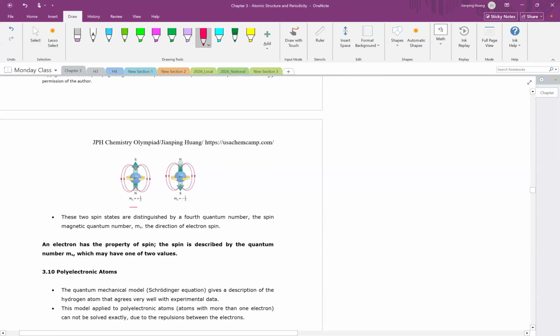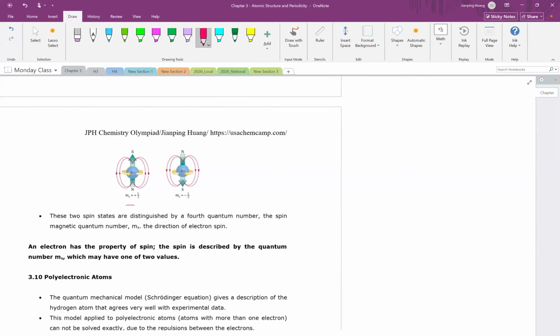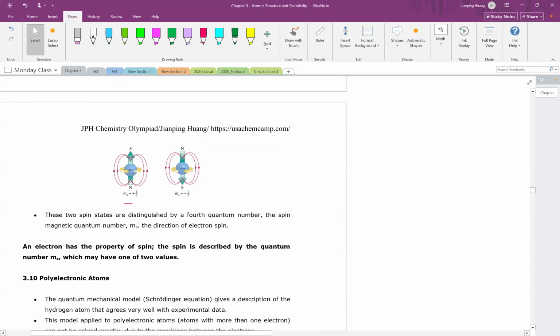We give the fourth quantum number, which we call MS. There are only two values, plus 1/2 and minus 1/2. This is called the spin magnetic quantum number. So you have plus 1/2, minus 1/2, or alpha, beta, or up, down.